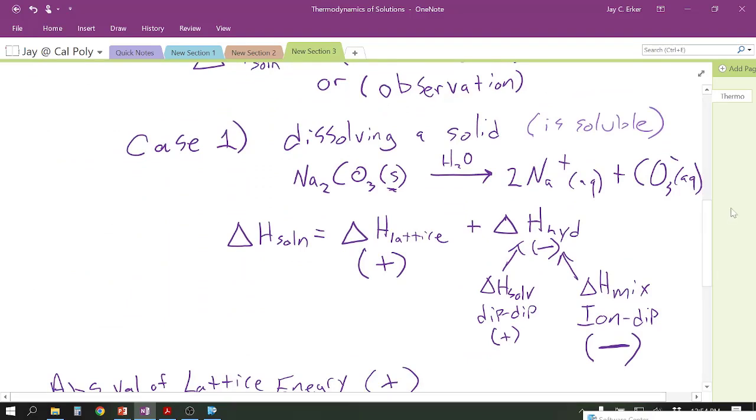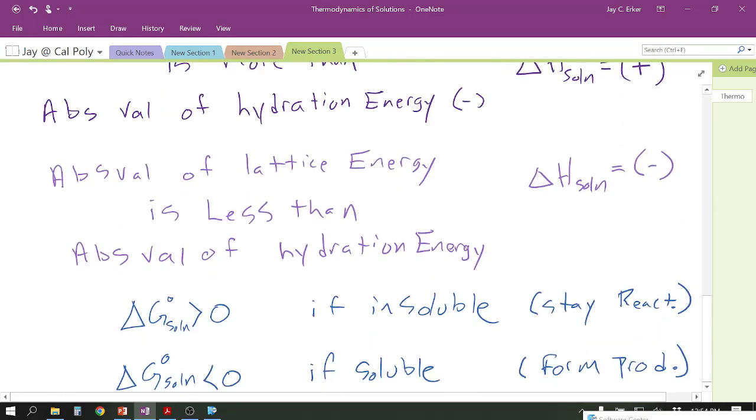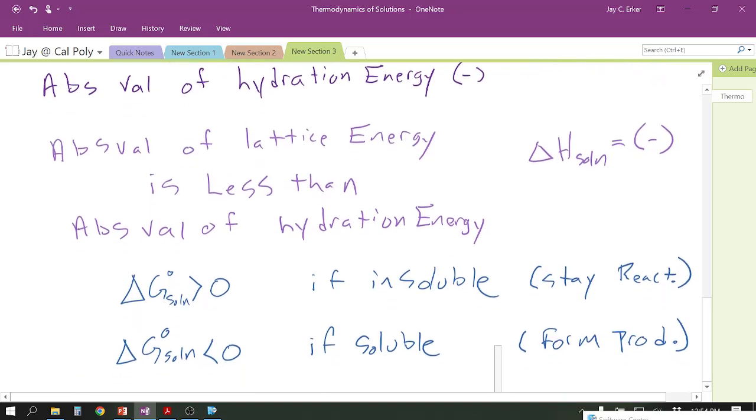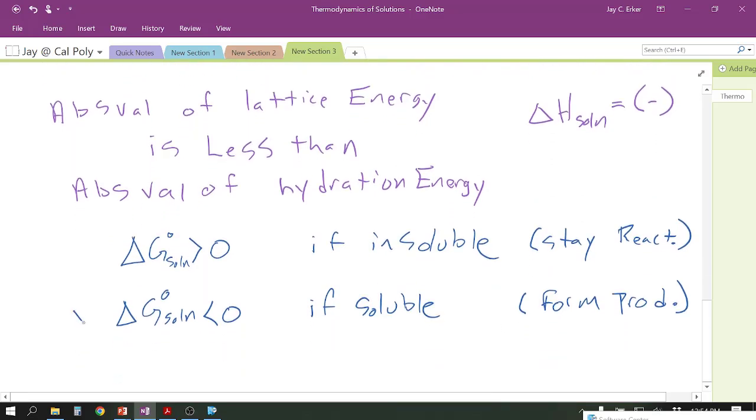In this particular case, I'm looking at a solid becoming ions in solution. I have this experimental observation that tells me it becomes ions in solution. So I can go ahead and say, in this case, where I have the experimental observation of products forming, I know my delta G is negative.